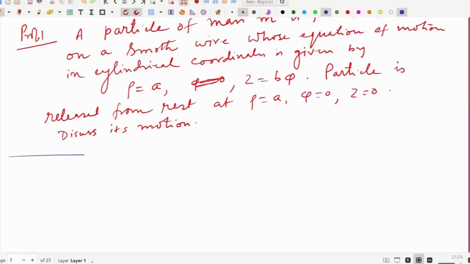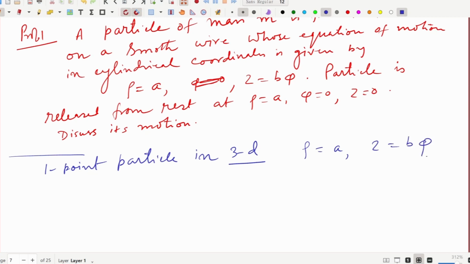Suppose we consider this problem as a 3-dimensional problem. Suppose we consider one mass point particle in 3 dimensions, subjected to the condition that in cylindrical coordinates, rho equal to a and z equal to b phi.